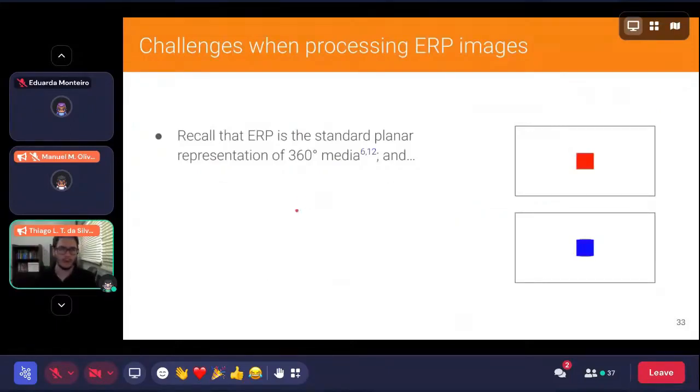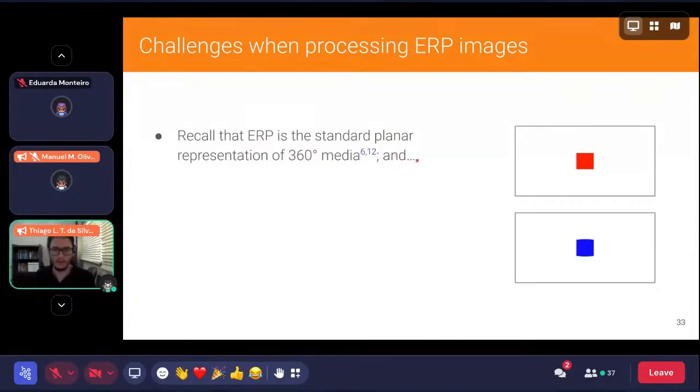Well, we will start our discussion on challenges here by recapping that the rectangular projection is the standard planar representation of 360-degree images. As we saw in the previous slide, it has the full field of view, the full context, and a lot of distortions.